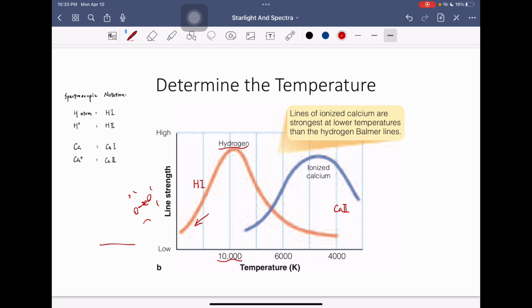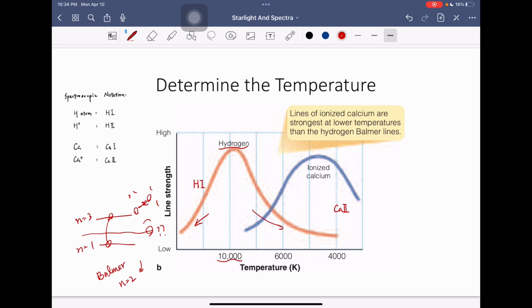So the electrons will likely go to higher energy levels by collision. So there won't be a strong Balmer series, because the Balmer series starts from n equals 2 or drops to n equals 2, but there are no electrons on n equals 2. What if the temperature is cooler?